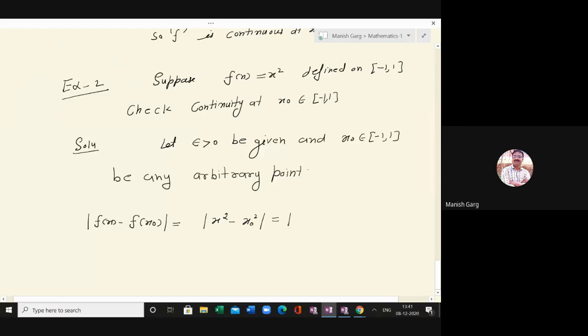So here this is a square minus b square form: x square minus x naught square. You can write this as x plus x naught times x minus x naught. So f(x) minus f(x naught) is mod of x plus x naught and mod of x minus x naught.